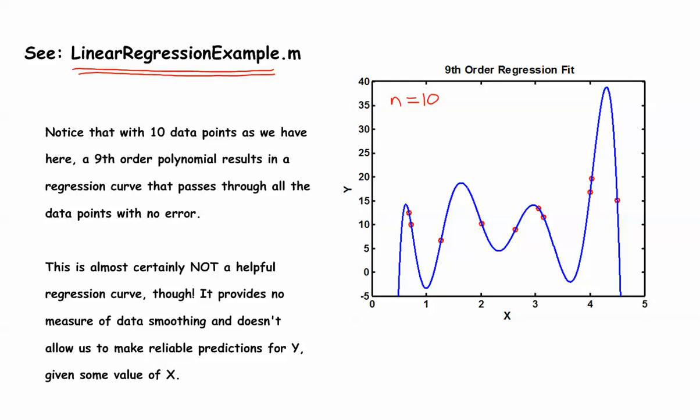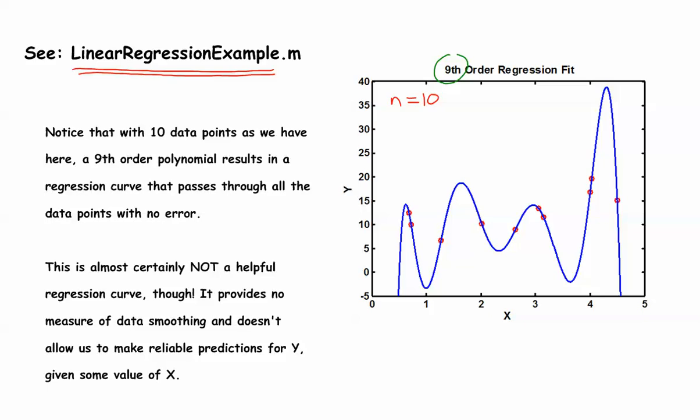I used MATLAB and calculated a ninth order regression fit that we see here in the blue curve. You can see that the blue curve goes exactly through all of my red circled data points. Okay? And it does so with exactly 0 error.